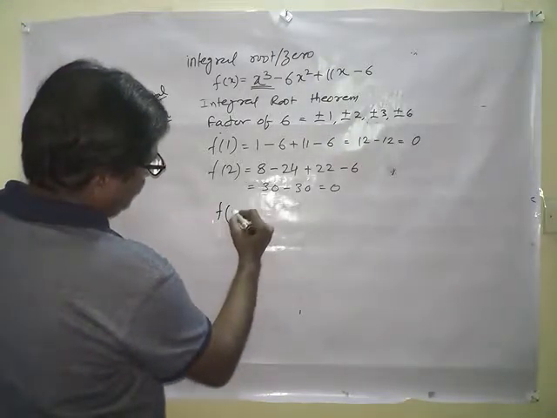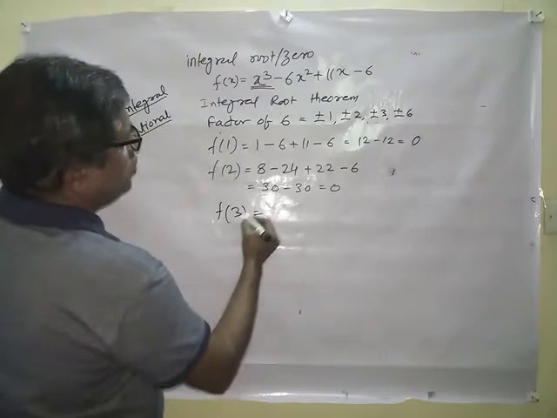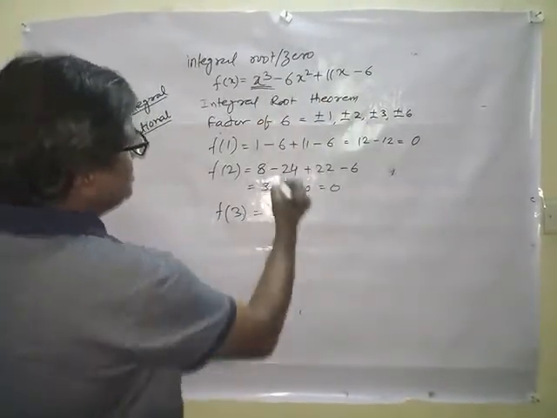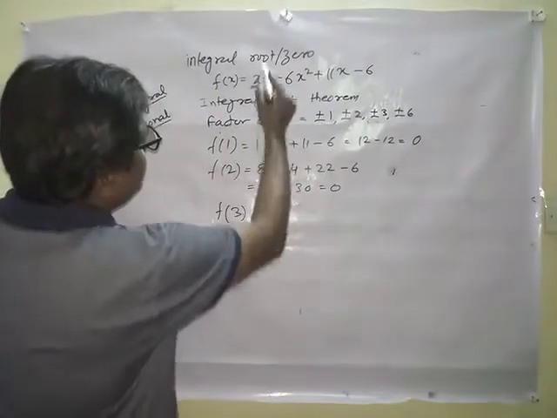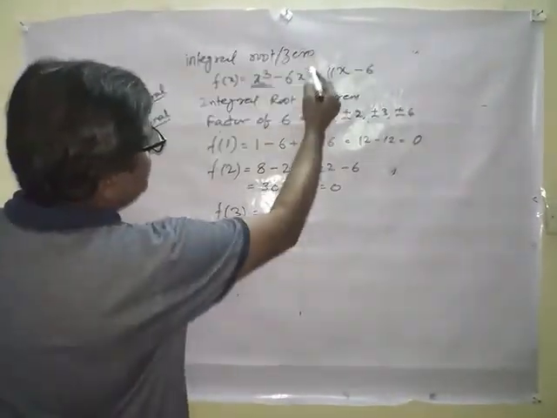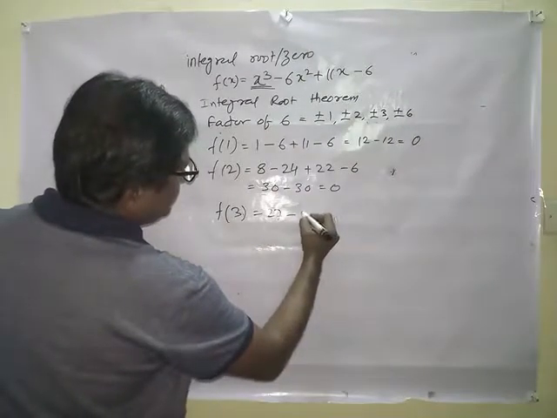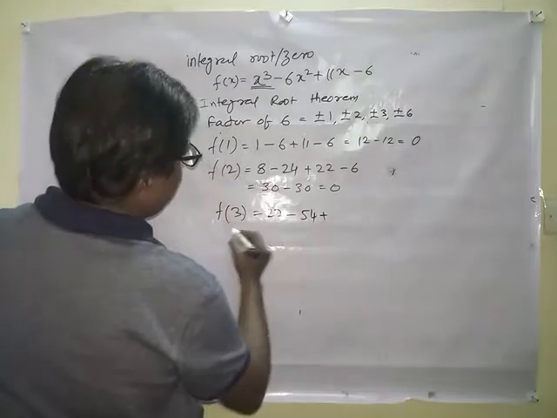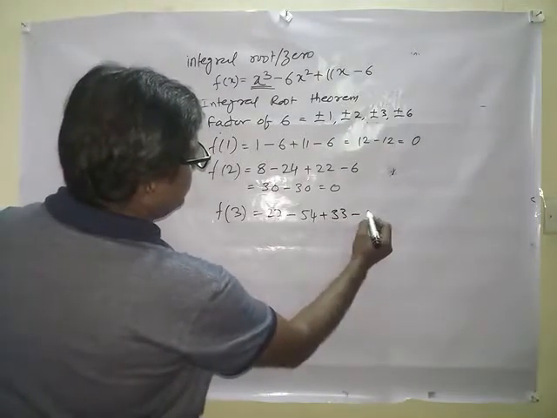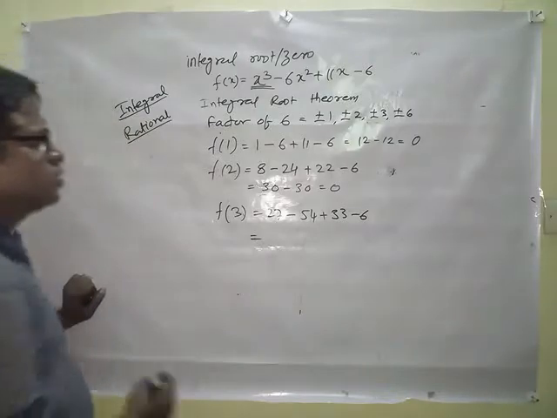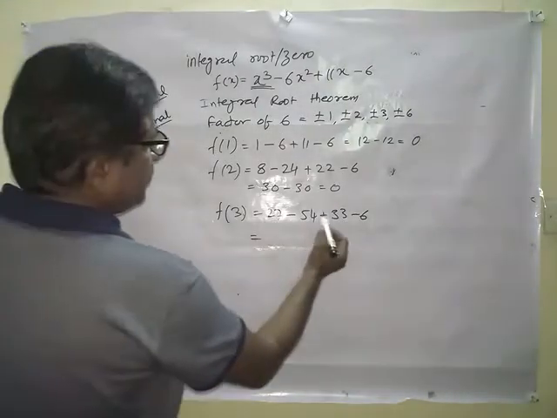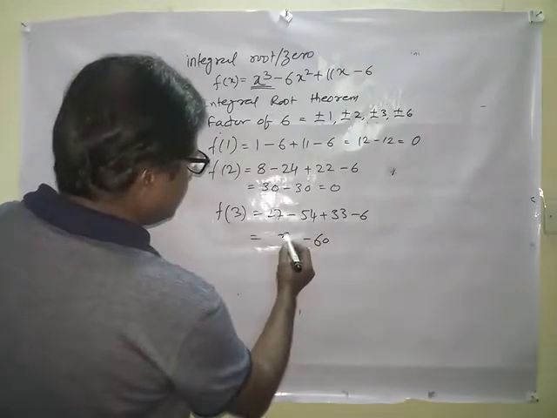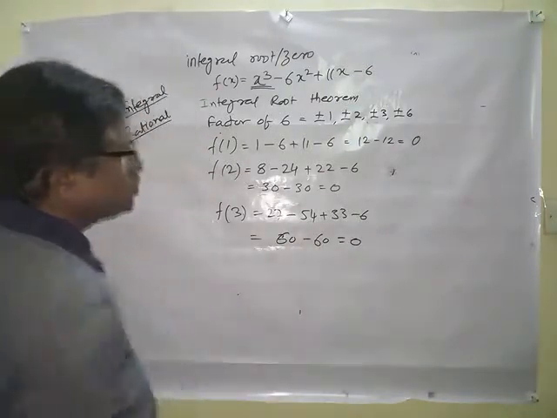Similarly, for f(3), you put the value of 3 here. 3 cube is 27, minus 3 threes are 9 multiplied by 6 is 54, plus 11 into 3 is 33, minus 6. 27 and 33 plus 60 here, minus 54 and 6, that is equal to 0.